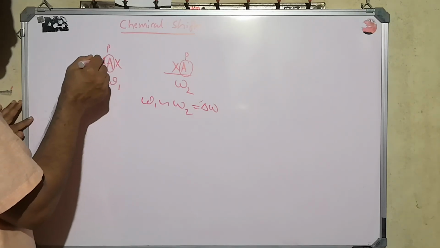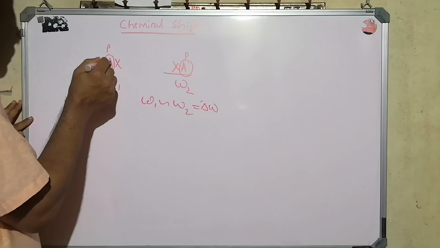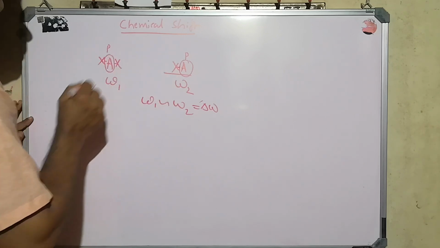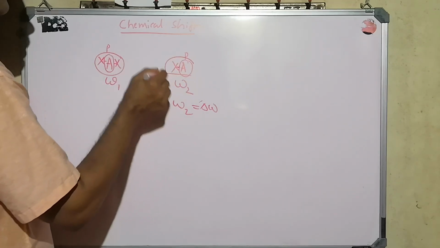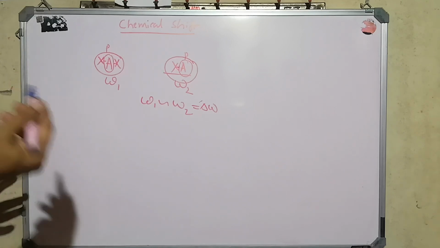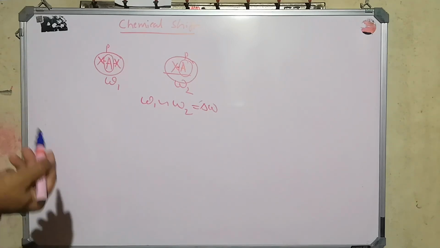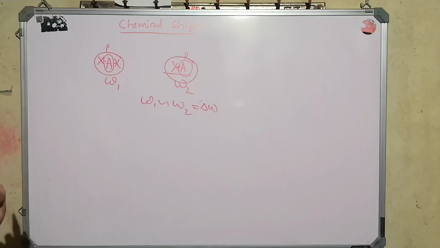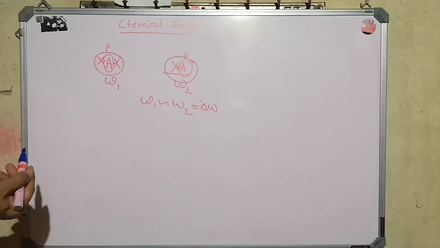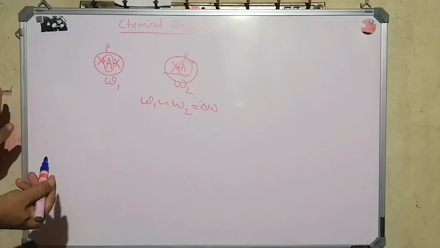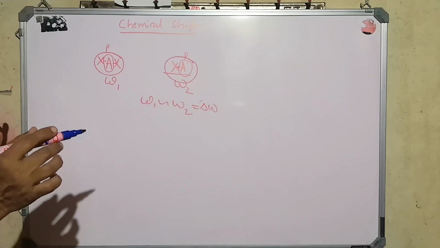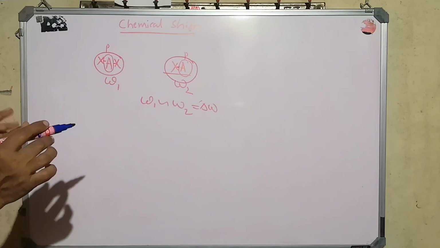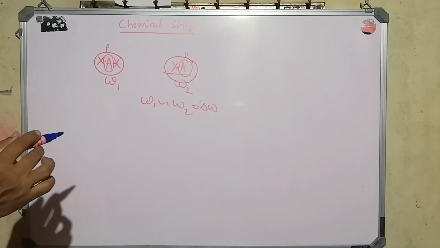This A has chemical binding with X and X, here it is only with X. So the shielding here is different compared to here. As the shielding changes, the resonant frequency also changes. The shift is observed only for chemical compounds and not for ions or free atoms, so it appears that it is a second order paramagnetic term.